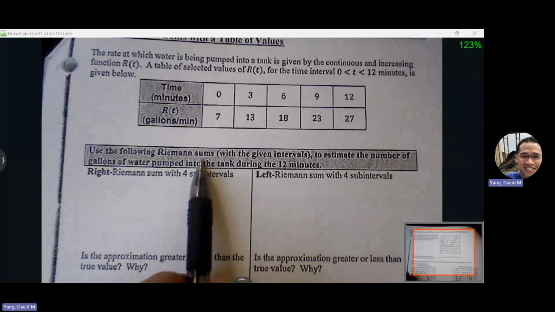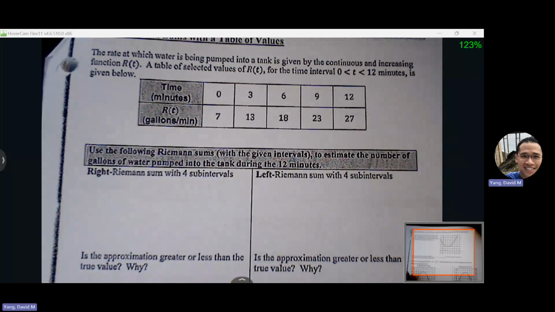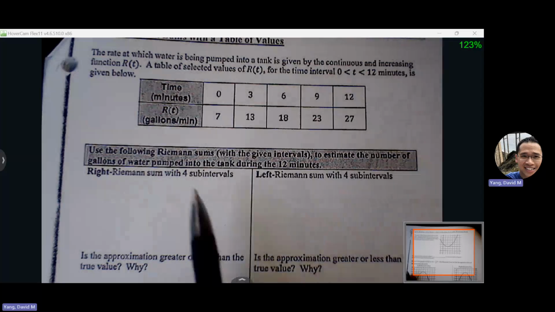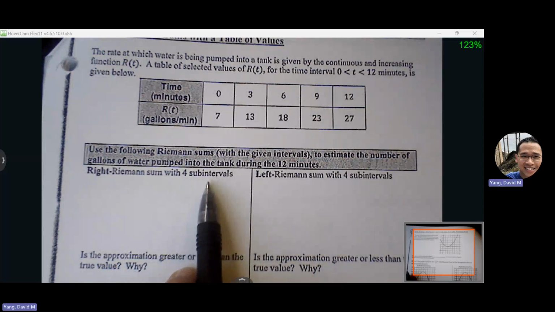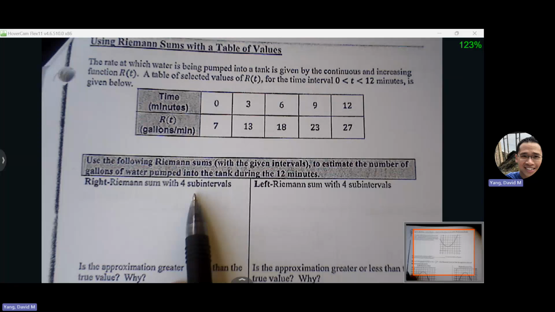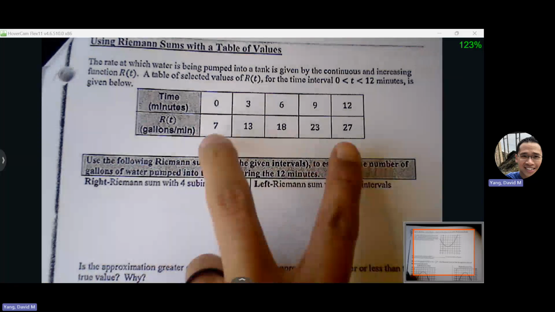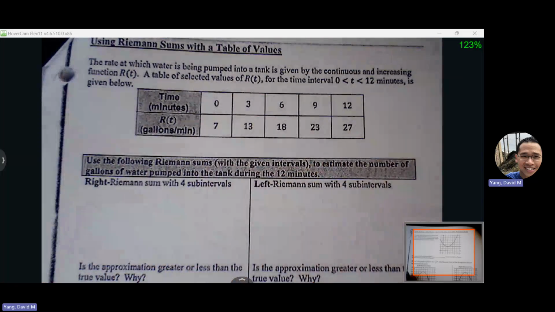It says use the following Riemann sums to estimate the number of gallons of water pumped into the tank during the 12-minute period. So it says write a Riemann sum with 4 subintervals. That means we want to extend all the way from 0 to 12 with 4 intervals.